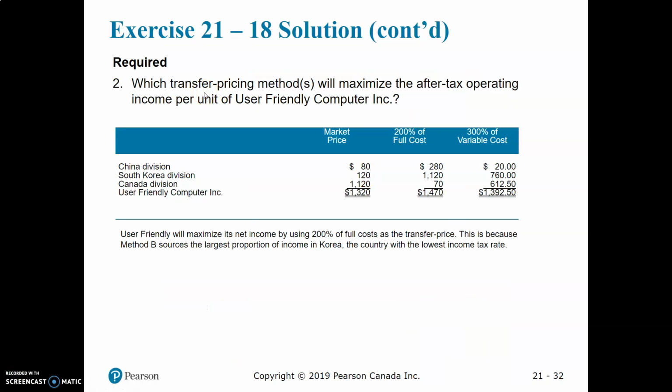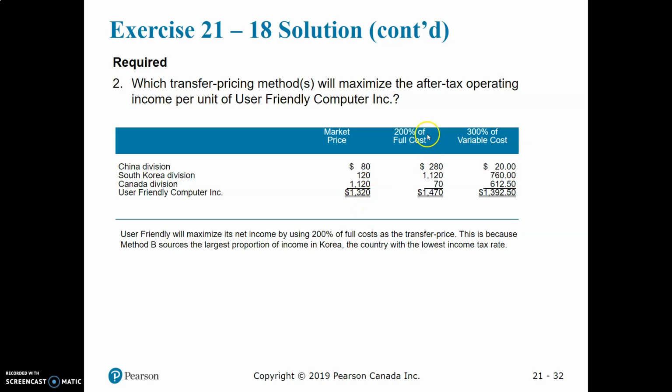The second question is trying to figure out which transfer pricing method will maximize the after-tax income per unit for User-Friendly Computers. For that, basically, we will take the net income for each of the divisions and add them up for the three transfer pricing methods that we calculated on the previous slide. So for market price, when you add up the net income for all three divisions, you arrive at a total net income of $1,320 for the company.